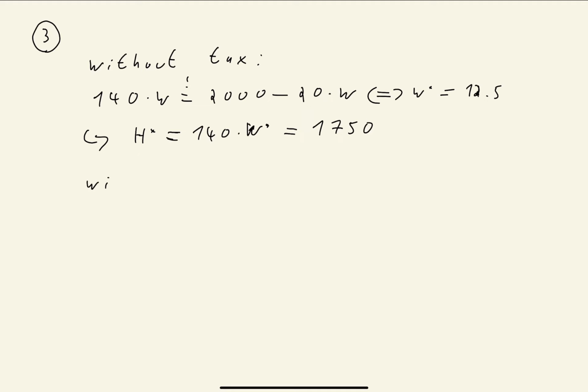Now with tax, there will be a change on the supply side, because now workers, for each unit of work that they supply, do not receive W, but they receive 0.75 W, because there is a reduction of their earnings due to this proportional tax of 25%.